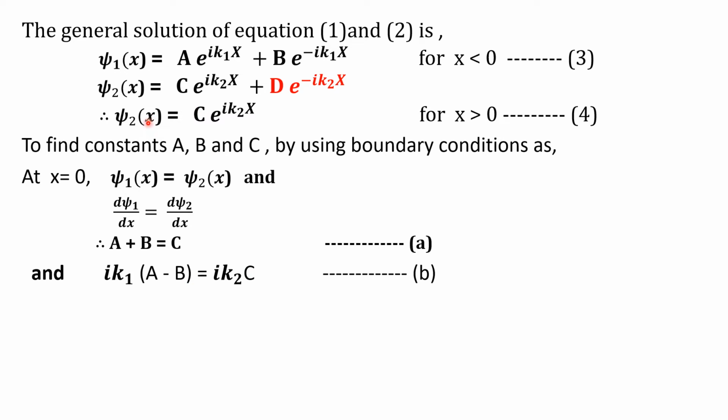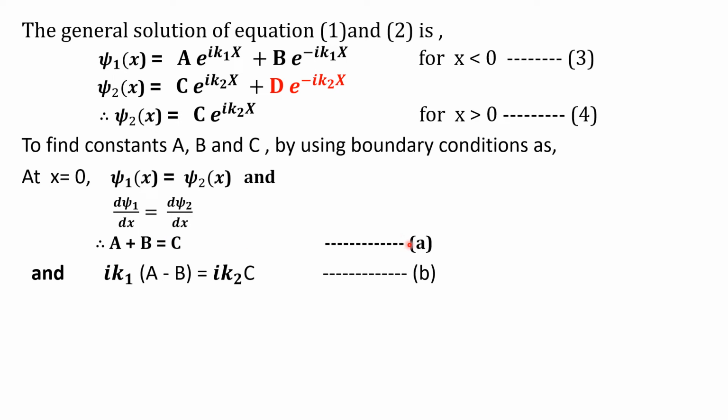Similarly, the psi 2 term is also differentiated with respect to x. After differentiating and putting x equal to 0, the exponential term is 1 and the remaining term we write is ik2 c. This is equation b. From equations a and b, we find the constants.